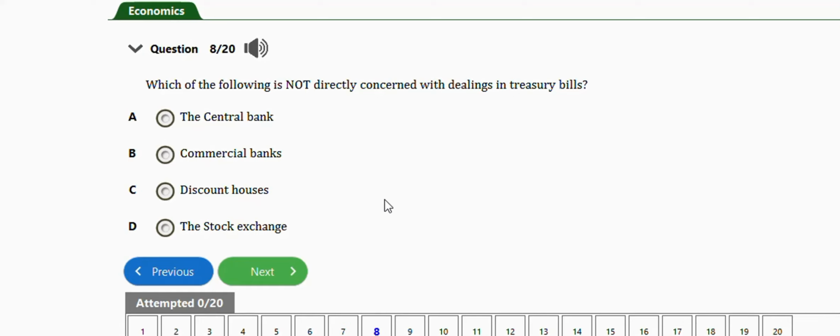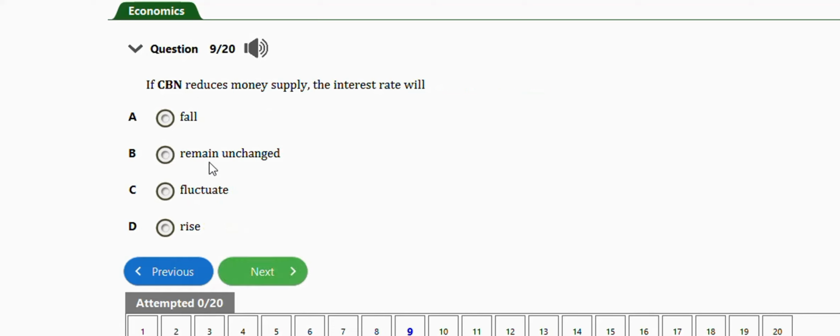Very important. Next question is this one. It says, if CBN reduces money supply, the interest rate will remain unchanged, fluctuate, rise. So guys, the right answer to this question will be rise, option D. Very important. The next question will be this one.